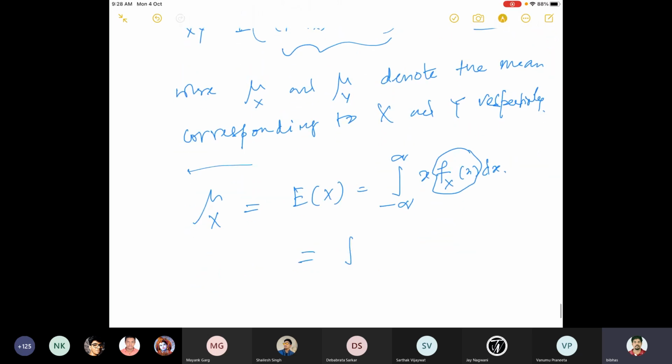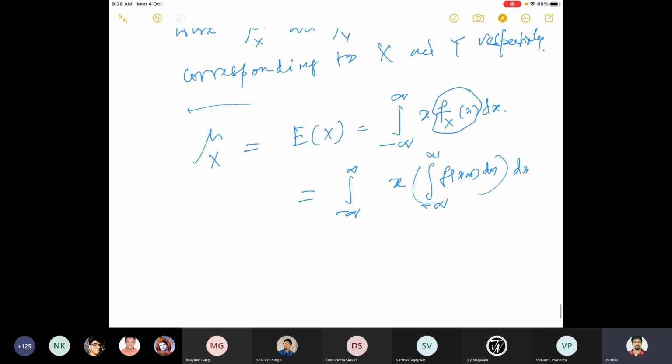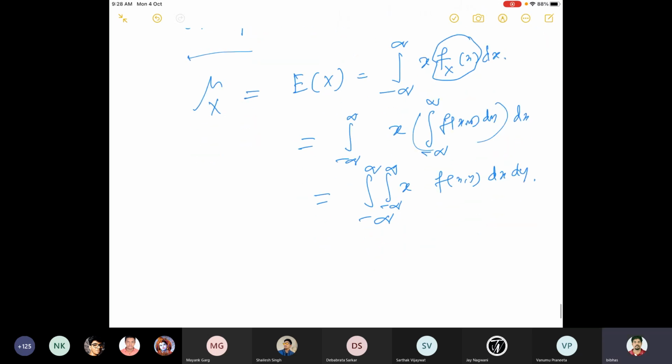So this will be nothing but the integral from minus infinity to infinity of x times f_X of x, where f_X of x is the integral again from minus infinity to infinity of f of xy dy, and again dx. So basically, in terms of the joint PDF, this is x f of xy, with two integrations, dx dy. This is what mu x is.